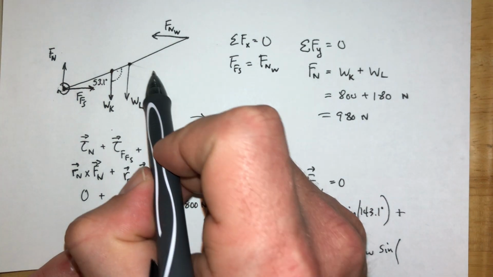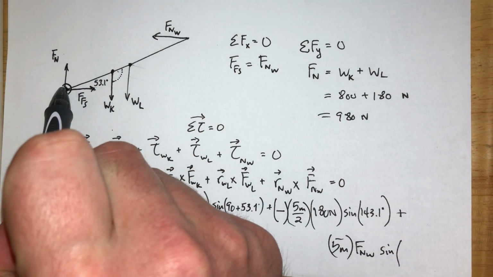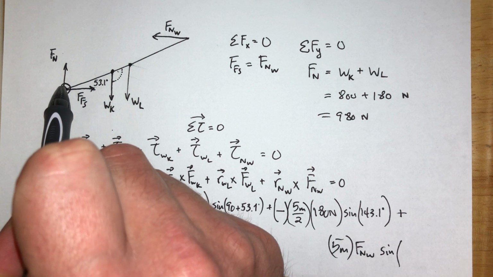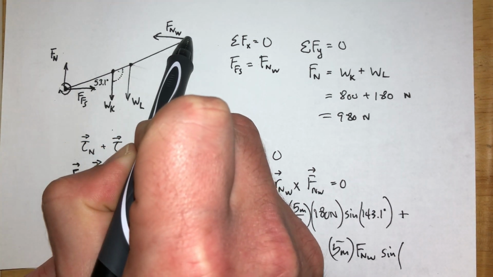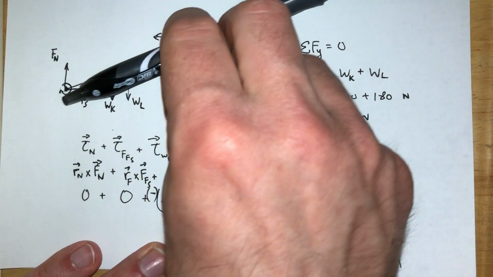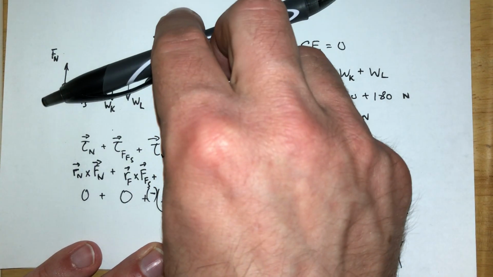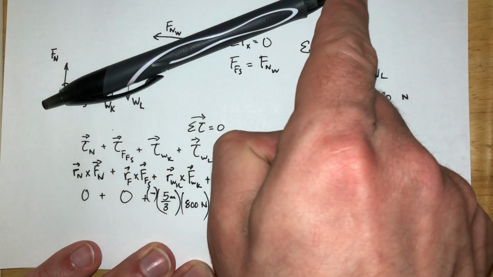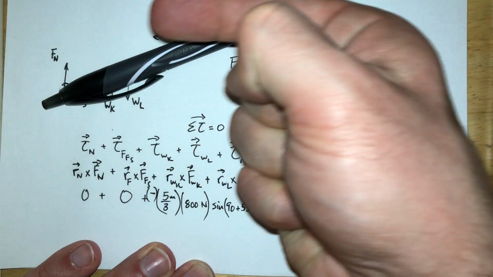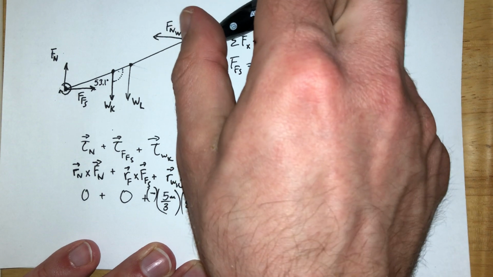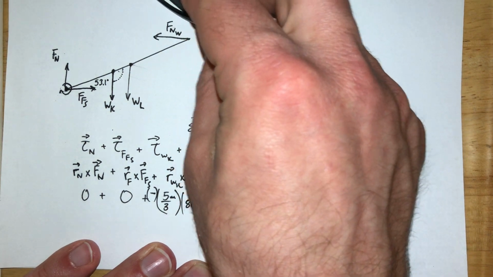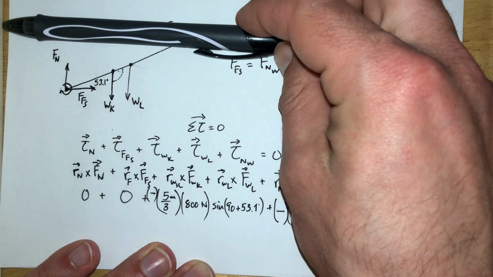Now, the angle between the vector from the axis of rotation to the point of action, that's this direction. But we want to talk about the angle between that and the normal force from the wall, which means we have to take it from here and spin all the way around so that we point this way.